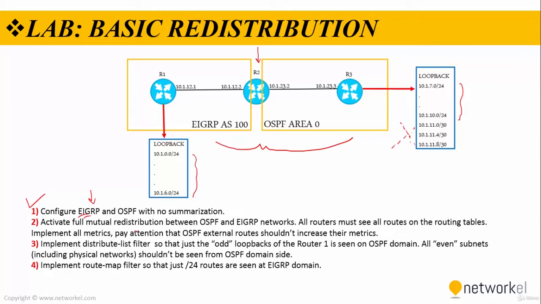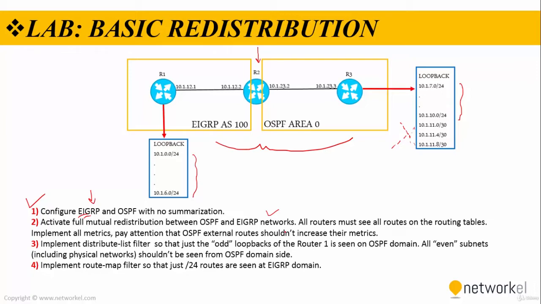Activate full mutual redistribution between OSPF and EIGRP networks. Cool. All routers must see all routes on the routing tables. Implement all metrics. Pay attention that OSPF external routes should not increase their metrics.